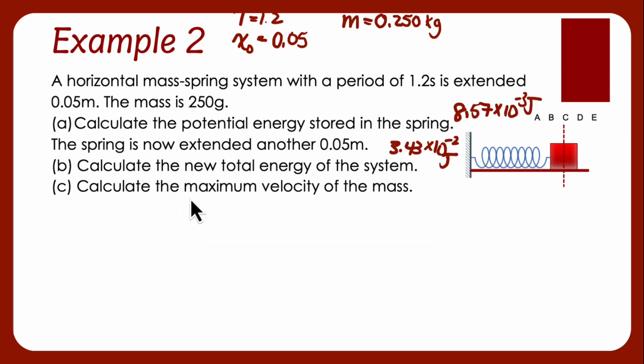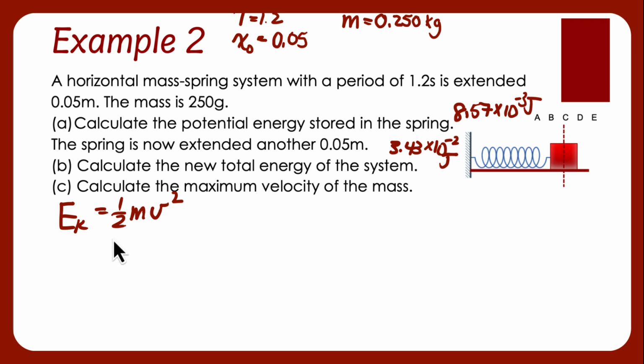And finally, it says calculate the new maximum velocity of the mass. Now, I want to show you something else. Kinetic energy equals 1/2 m v squared. We know that if I'm at the maximum velocity, the total energy is going to be kinetic energy.